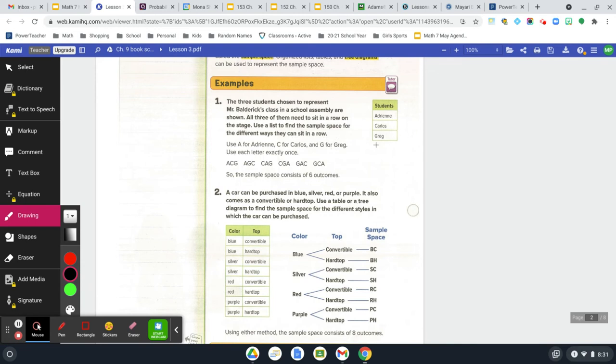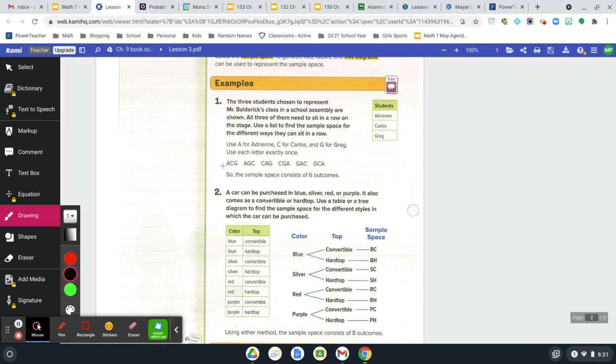To abbreviate, you can use A for Adrian, C for Carlos, and G for Greg, and use each letter only once. So they listed it for you.